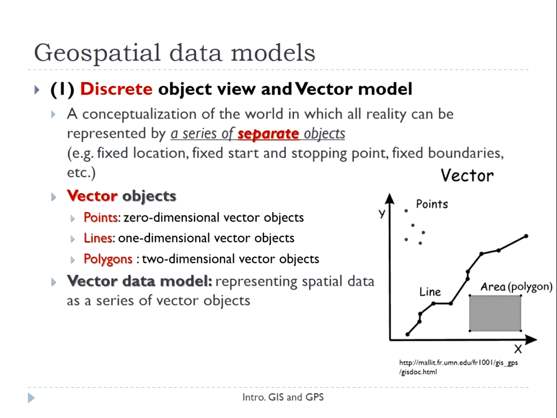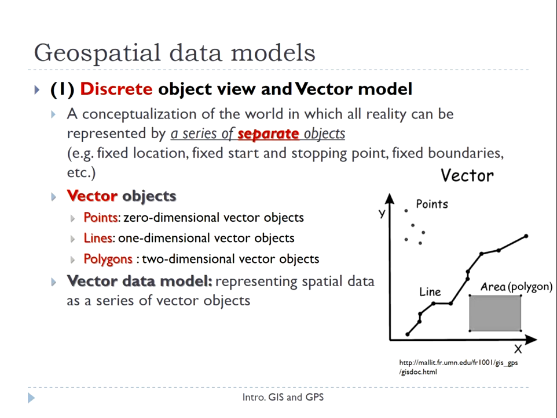First, the discrete object view conceptualizes the world as a series of separate objects that have fixed locations, fixed start and end points, fixed boundaries, and so on. These discrete objects are developed into vector objects of points, lines, and polygons.